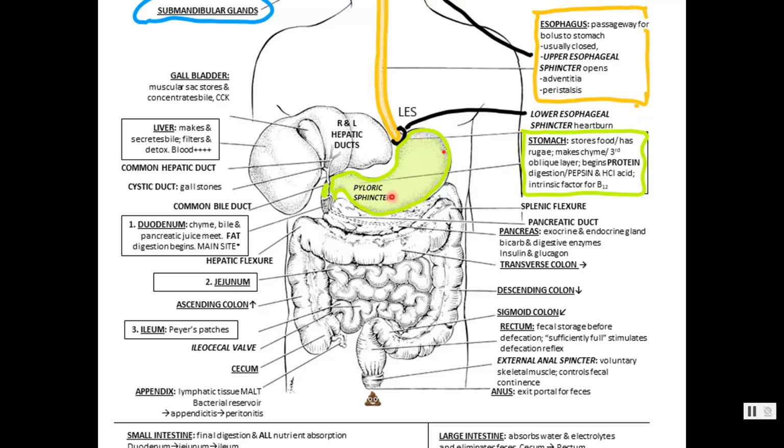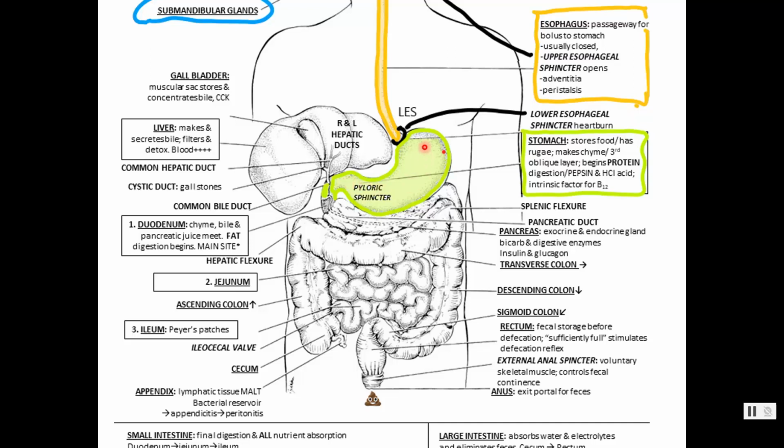Other things that are special about the stomach: we're going to begin our protein digestion. Also, this is where chyme is formed. So chyme is just that liquefied food. And then don't forget, the stomach has that unique inner third oblique layer. Oblique, so it's diagonal. So outer longitudinal, then circular, and then a unique inner oblique.